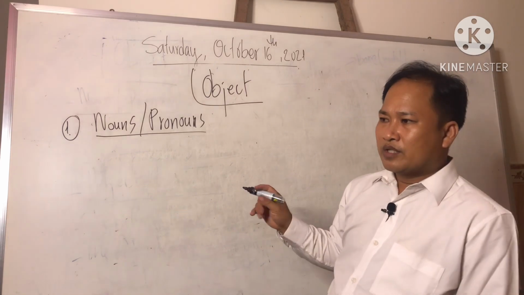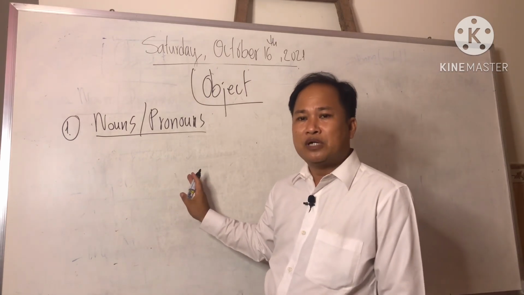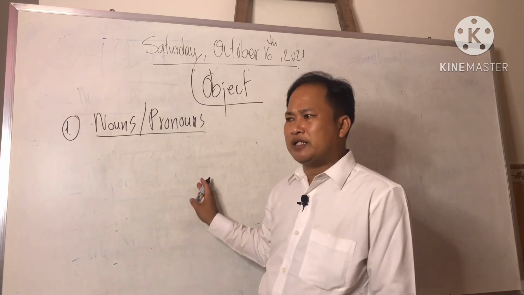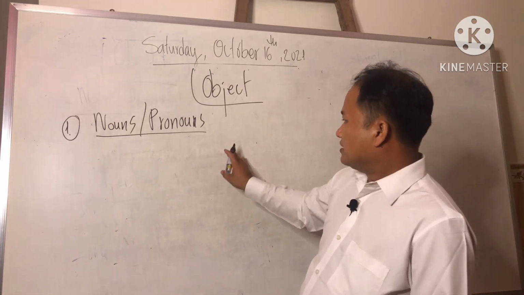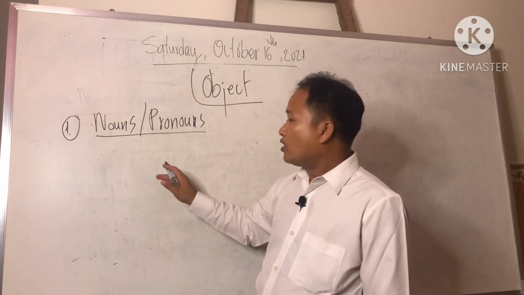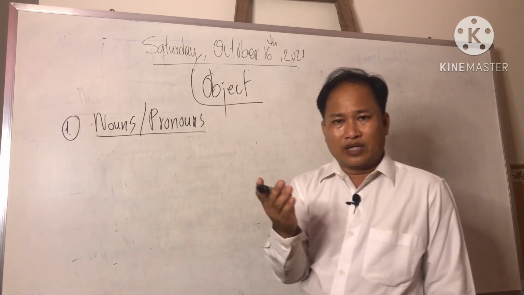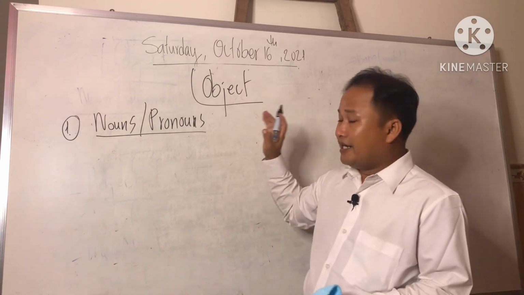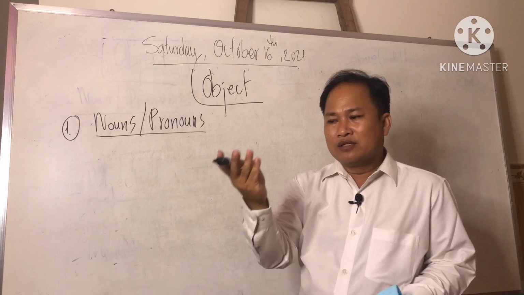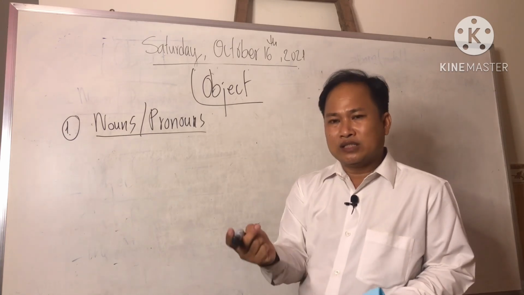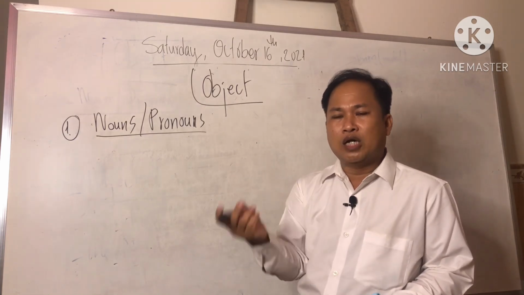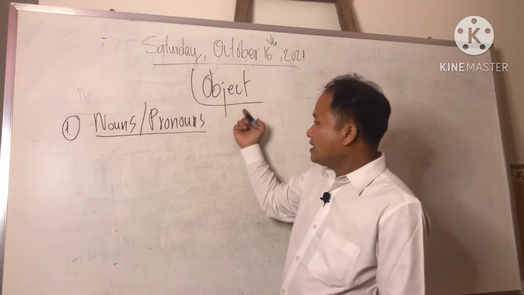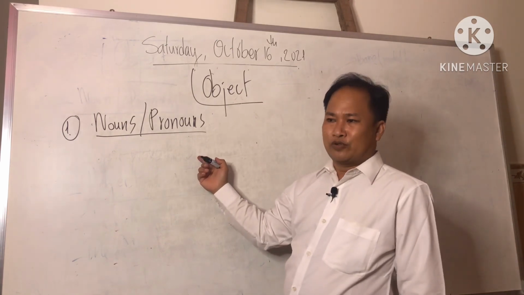Noun is the name of person, thing, animal, location, feeling, etc. And pronoun, we have two kinds. We have subject pronoun: I, you, we, they, he, she, it, and object pronoun: me, you, us, them, him, her, it. So today we study about object, so we use the object pronoun.